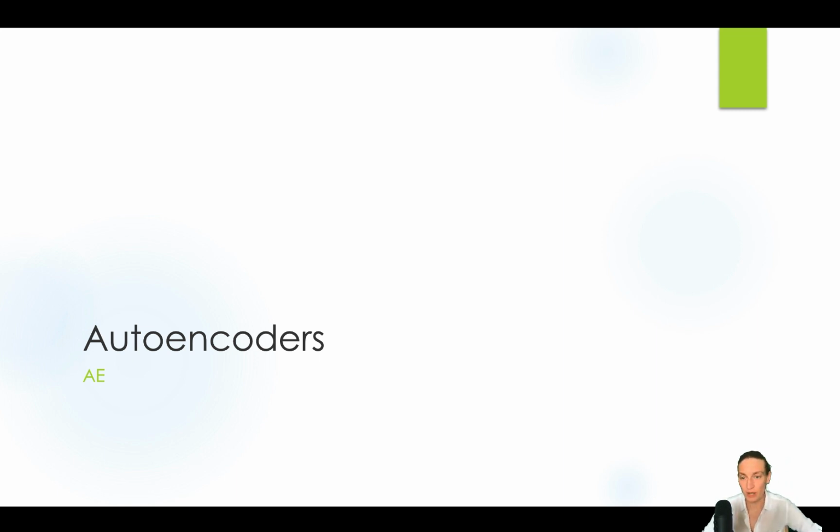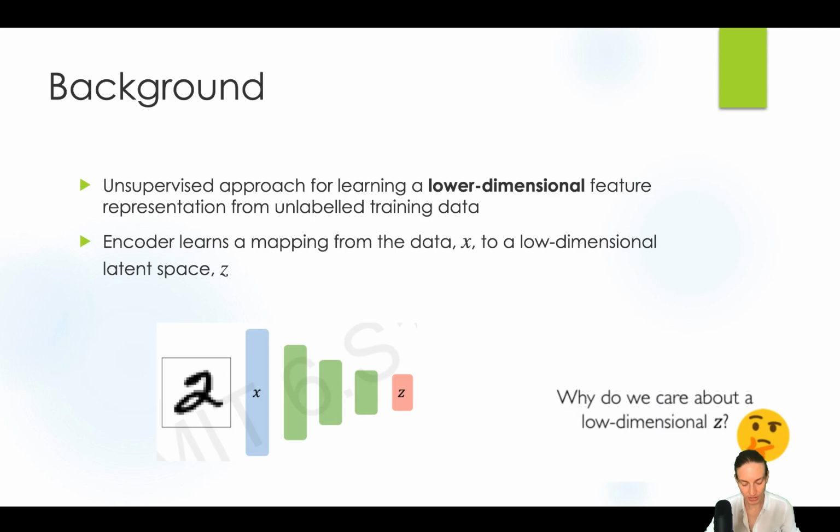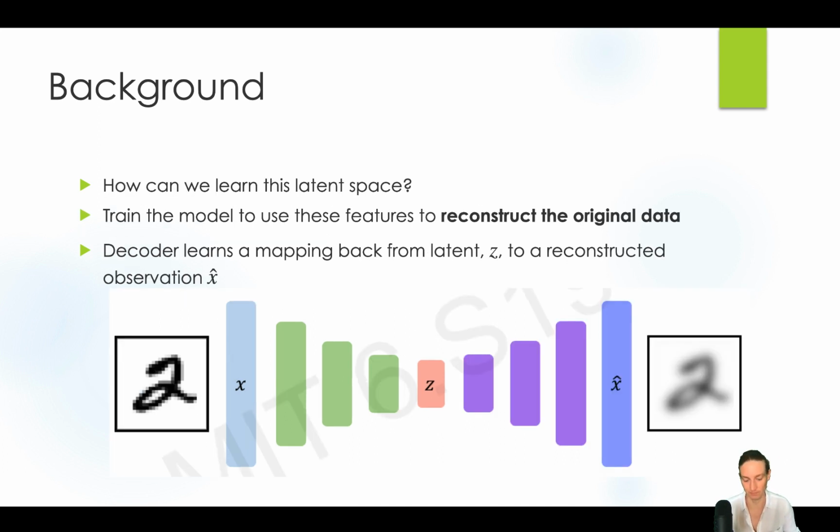Our first type of model, a fairly simple model, is an autoencoder. For autoencoders, it's an unsupervised approach, as I mentioned, and we're going to be learning a lower level feature representation Z, which is our latent variable, that represents our original data.